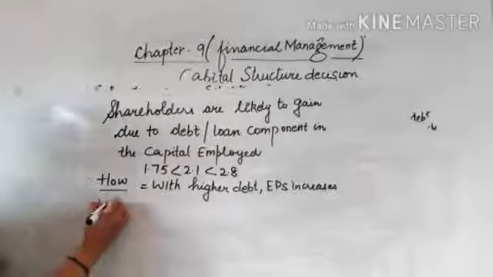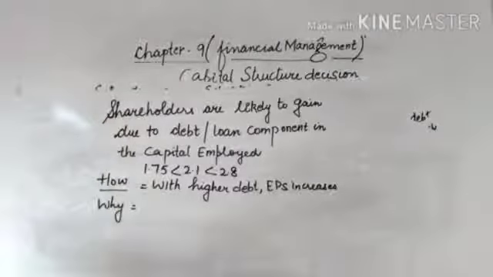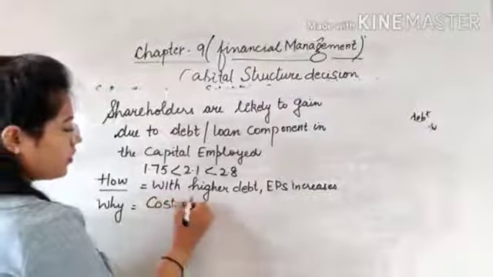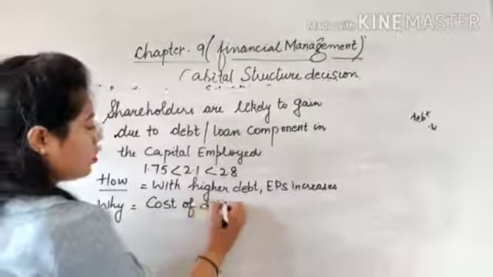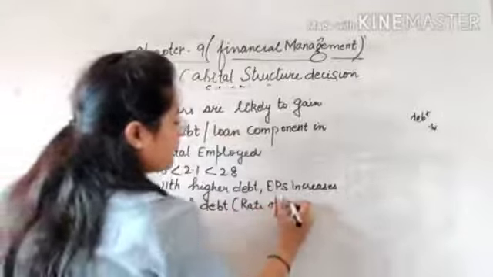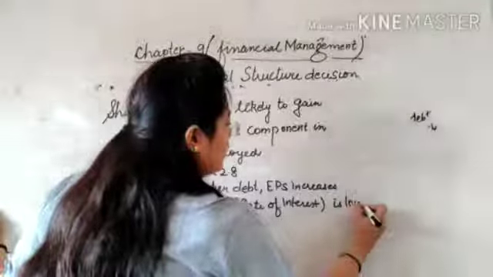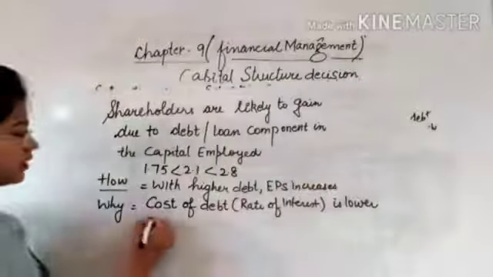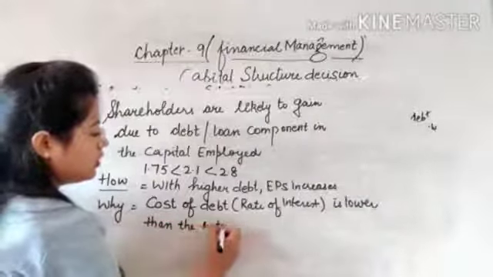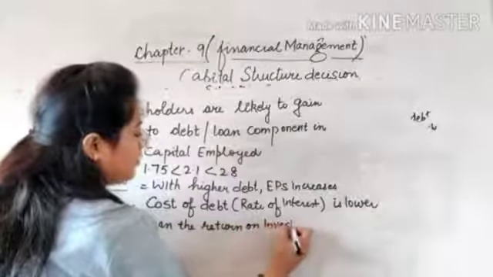Why? Because the cost of debt, means the rate of interest, is lower than the return on investment.